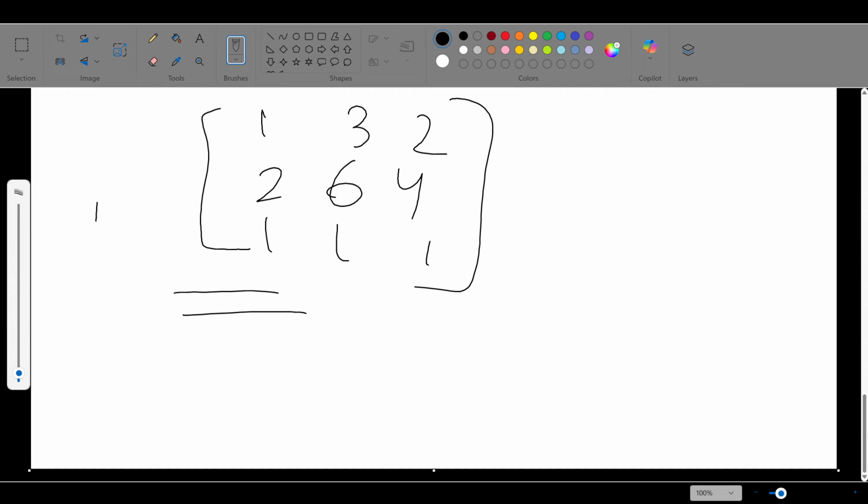Take this matrix and perform the echelon method and find the rank. Okay, I hope you will get a good answer. So in the next video we'll learn about the inverse of a matrix using elementary transformations, which is another key concept in linear algebra.